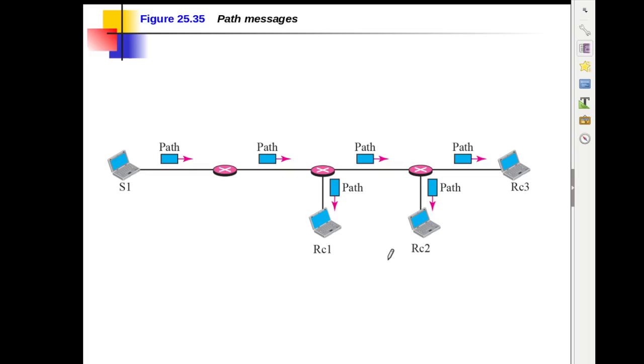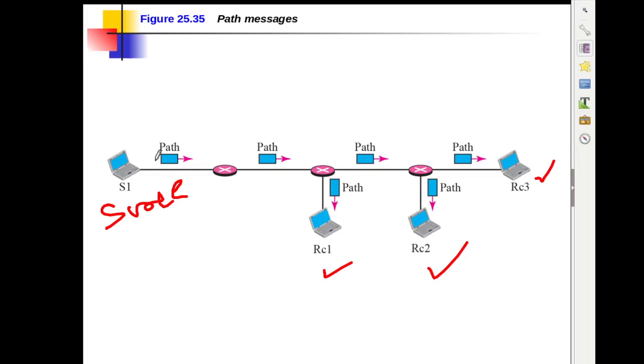The receiver is making reservation, right? Suppose this S1 is the source, and these are the receivers, right? So what will happen?